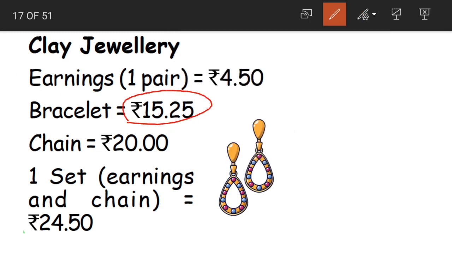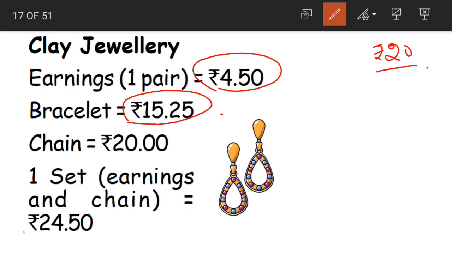Meena bought a bracelet and a pair of earrings, and she paid 20 rupees. Now how much change should she get back? So to find out the change, we need to find out the total amount. Yes children. So when the total amount is deducted from this 20, we'll get the change that we should get.